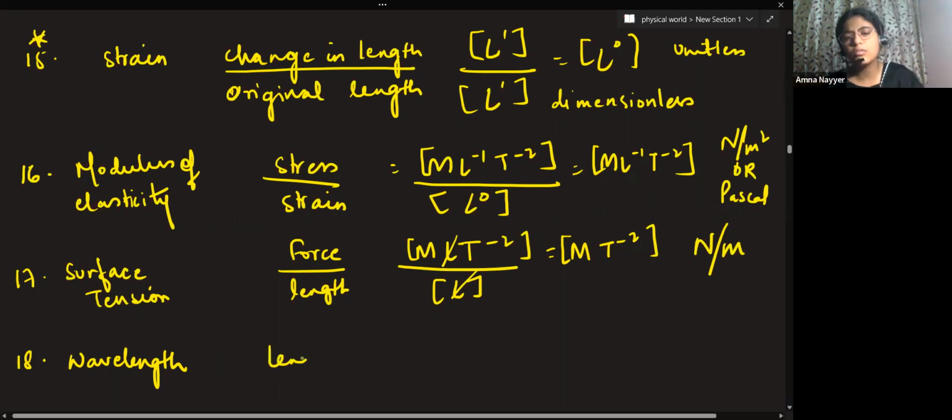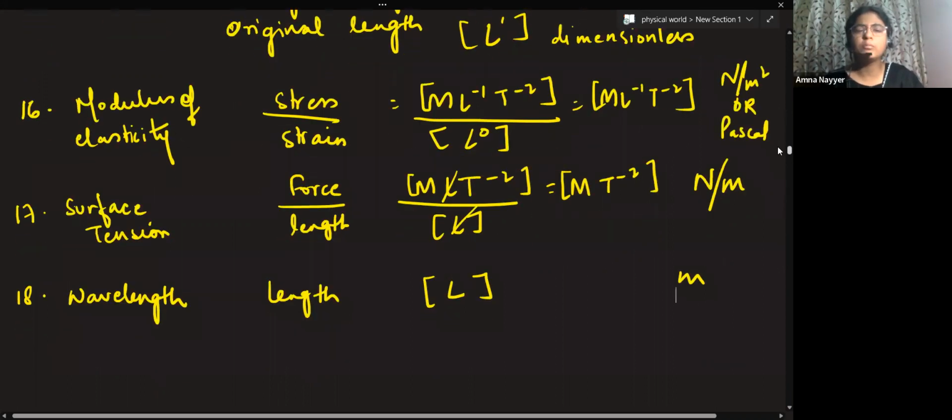So this is also a form of length only. Dimension will be L only, and the SI unit will be meters, and the CGS unit will be centimeters. So wavelength is the same as that of length. Then one more quantity that comes is time period. Whenever the term period comes, time period means an interval.